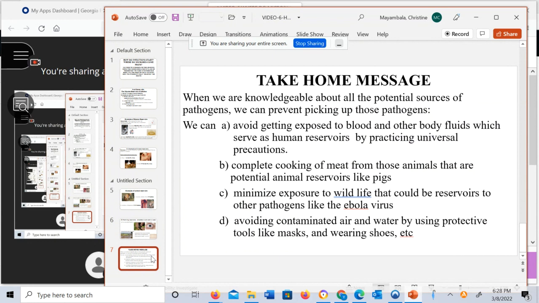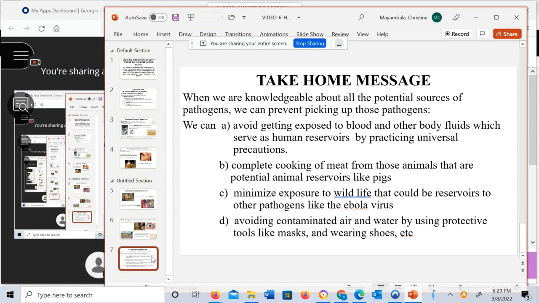This is a very common practice in the clinical environment, meaning that we universally assume that any body fluid we handle could potentially have a pathogen in it, and as such, we practice precautions, wearing gloves, changing gloves frequently, wearing face shields in some cases to avoid any spillage.